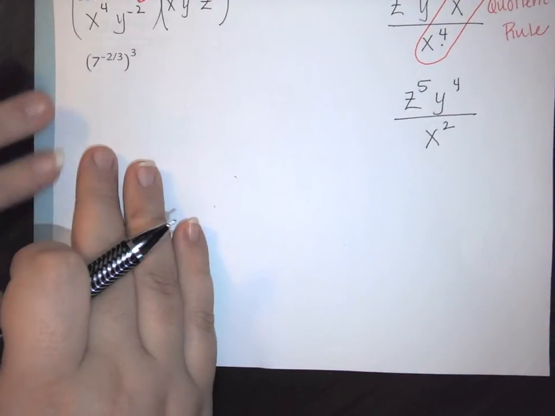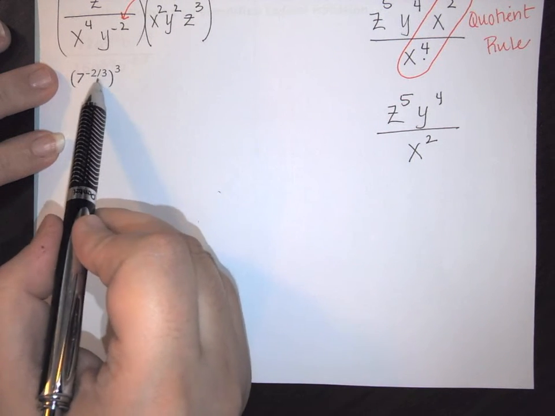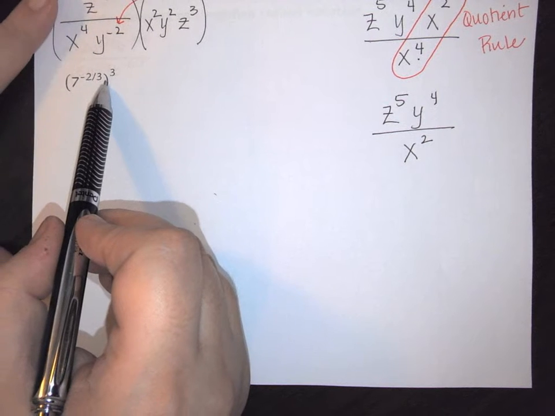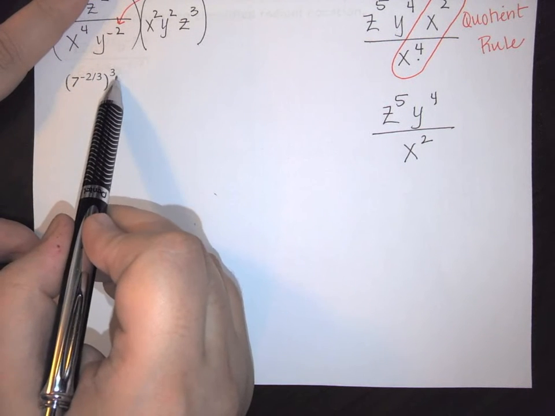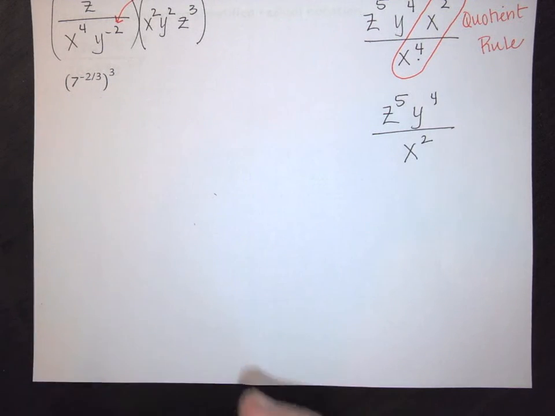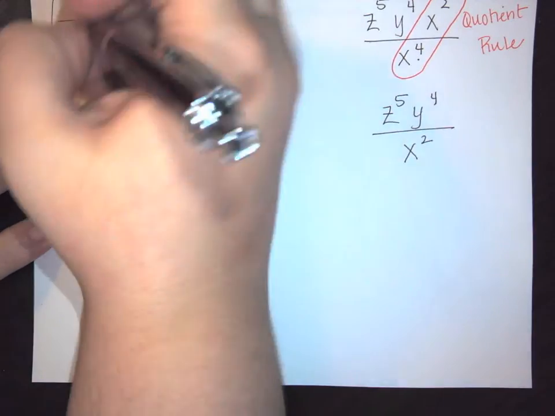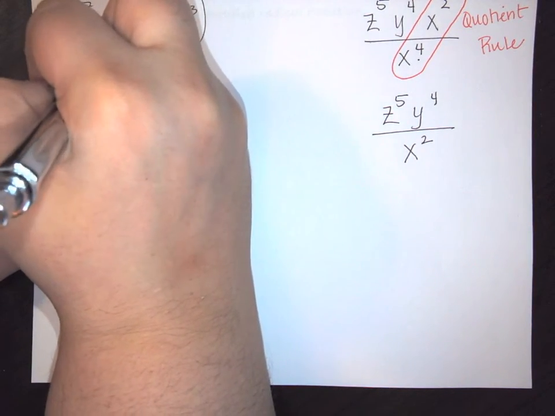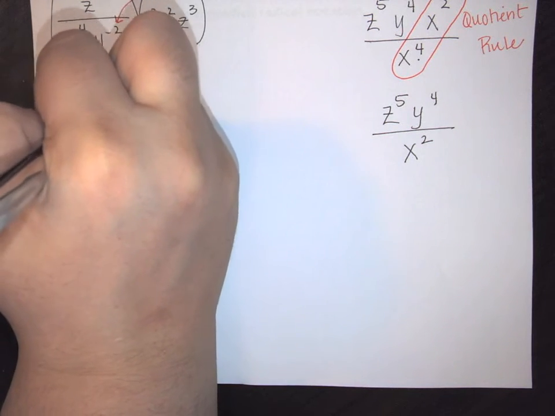Alright, let's look at something that has just numbers, but also has what's called a rational. Now, rationals are essentially fraction exponents, and that's what we have here. So I have 7 to the negative 2/3 and then to the third. So one of the things we have to do is recognize what our rational is telling us in terms of power. So this first one right here, or your numerator, is your power.